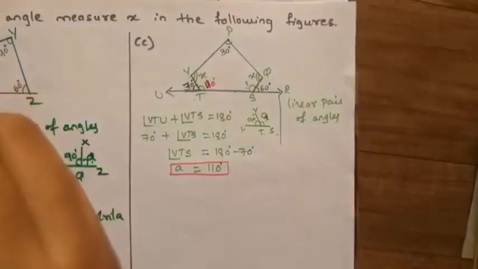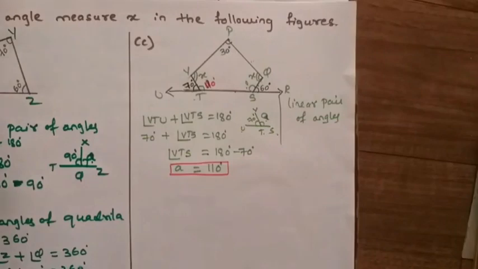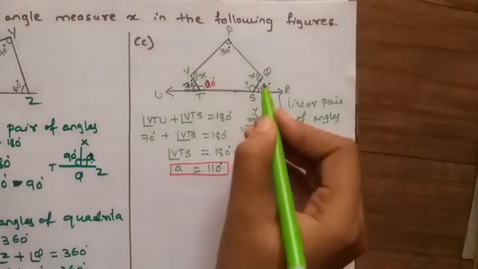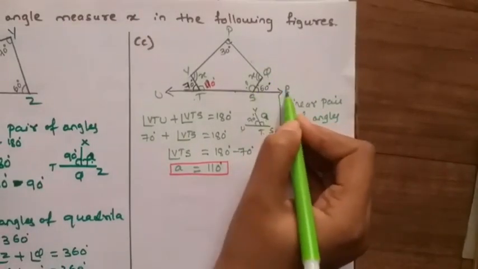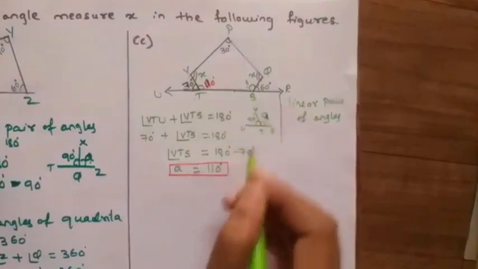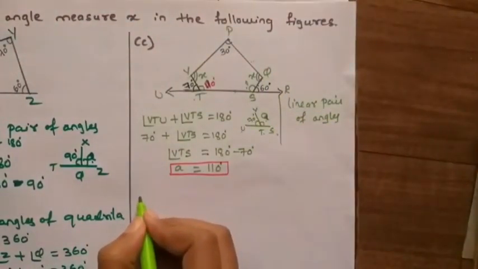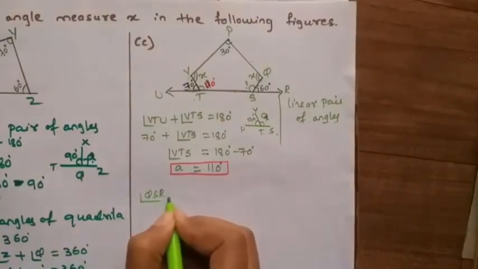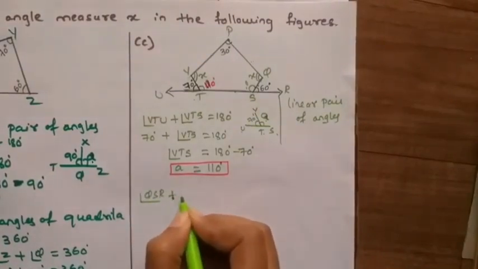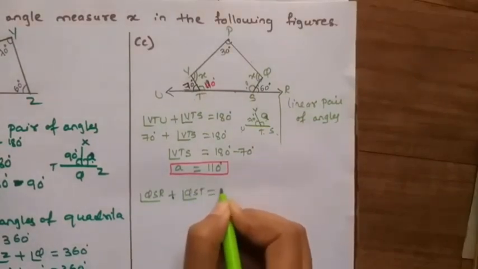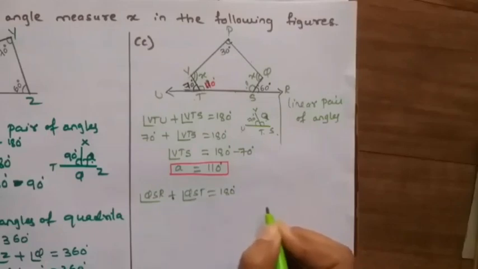Next here we have one more linear pair condition, this one. So again apply linear pair condition. Angle QSR plus angle QST is equal to 180 degree.